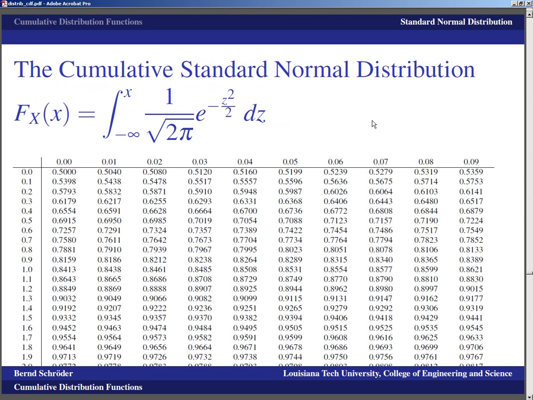And so the way we handle this cumulative standard normal distribution function is that we tabulate it. This is something where somebody, especially in the day and age before computers, and people already did this kind of probability before then, somebody really sat down with an integration rule like Simpson's rule or so, and by hand computed all these values.